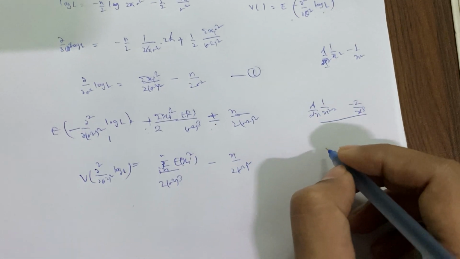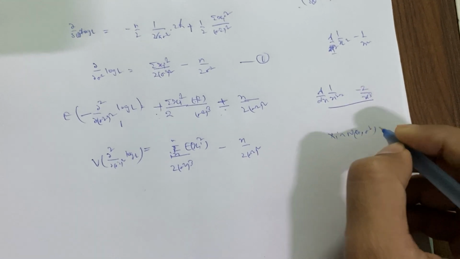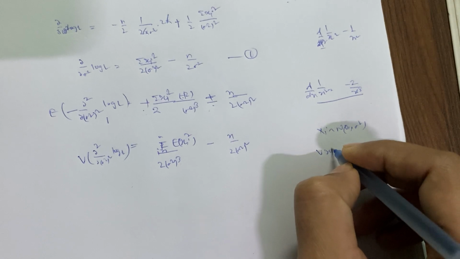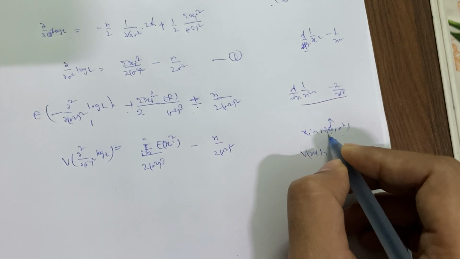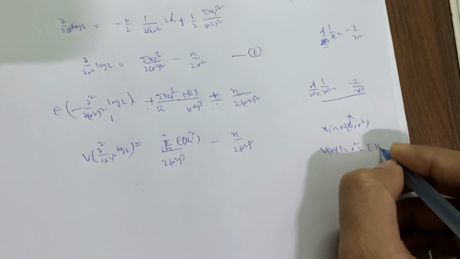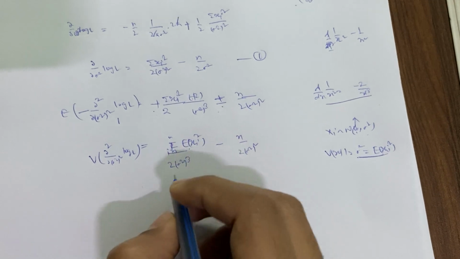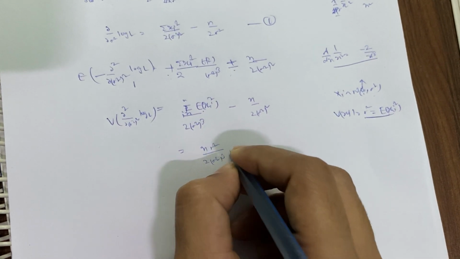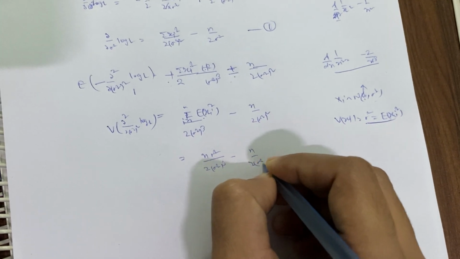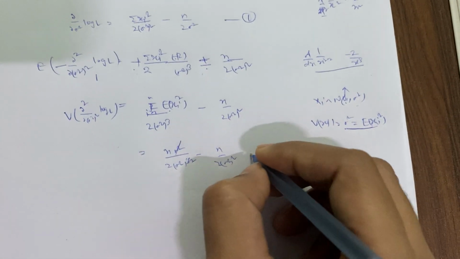Since xi is normal with mean 0 and variance sigma square, the expectation of xi is 0, so the variance of xi, which is sigma square, equals the expectation of xi square. Let's put sigma square here: we have n sigma square over 2 sigma square cube minus n by 2 sigma square whole square, so the sigma square will cancel out, leaving the square.